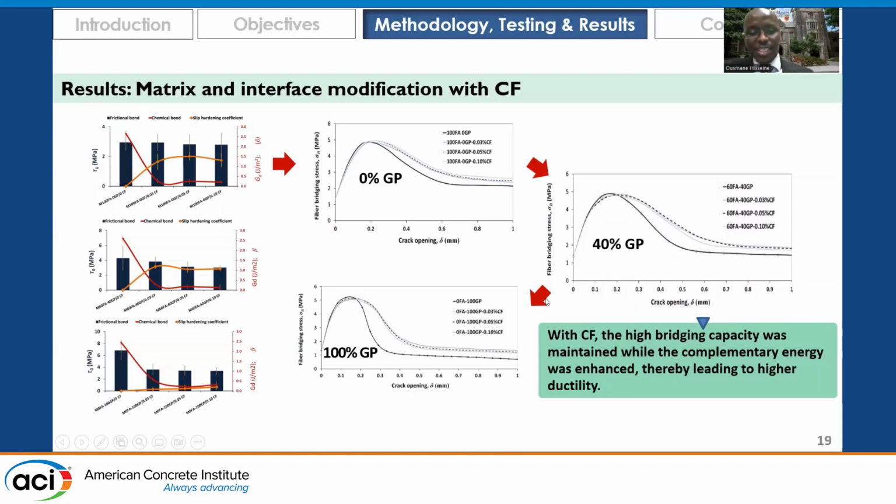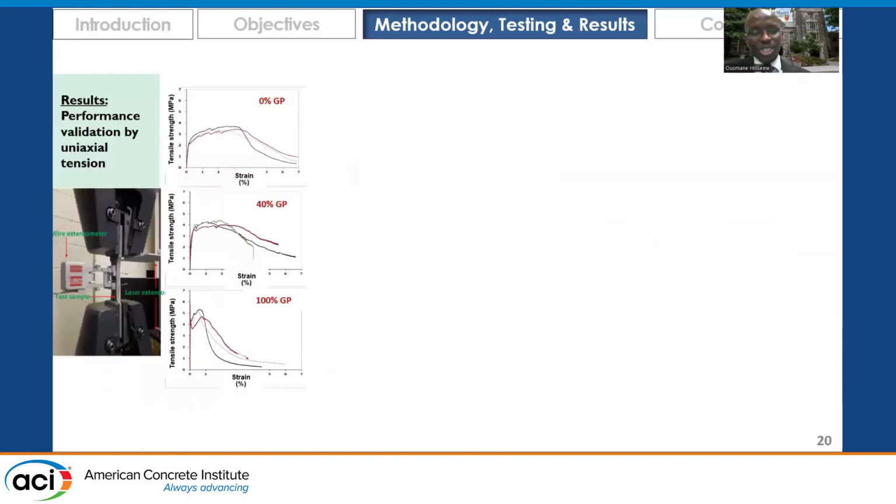So this has a direct consequence on the tensile strength and strain capacity. You can see from the systems that have 0% glass powder to 40%, 100%.